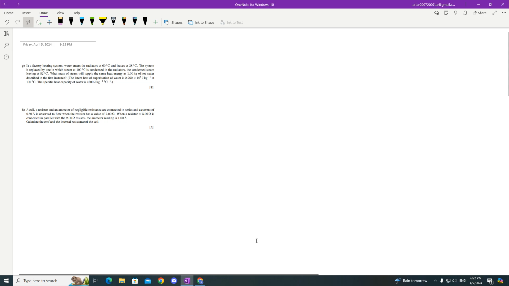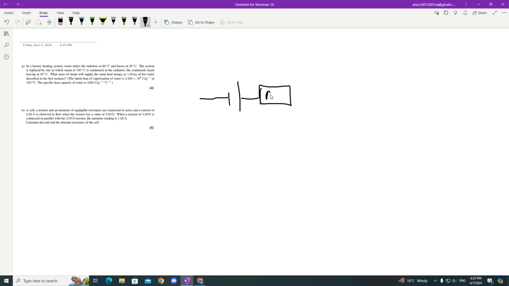So we have two circuits. The first one has a resistor of 2 ohms, an ammeter, and a battery cell with internal resistance. So we have a battery cell, a resistor, let's call it R1, that has 2 ohms, and an ammeter that has negligible resistance and shows 0.80 amperes.